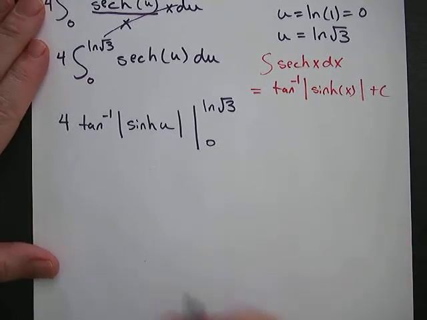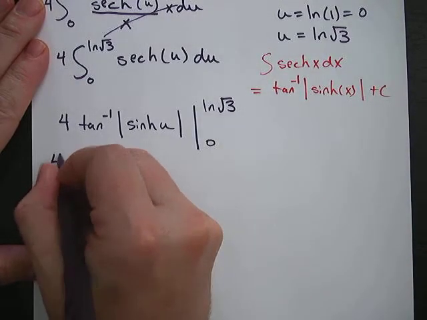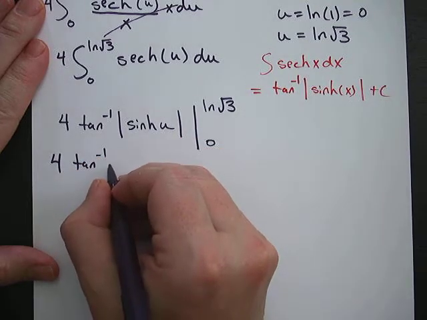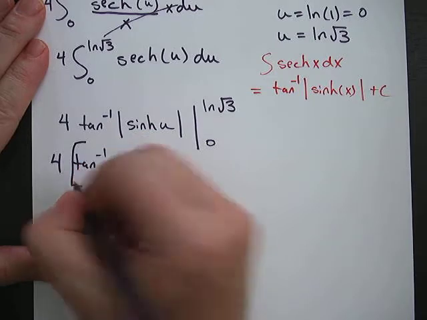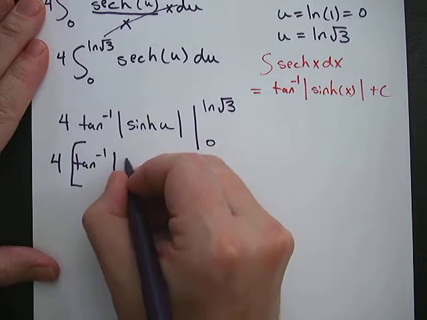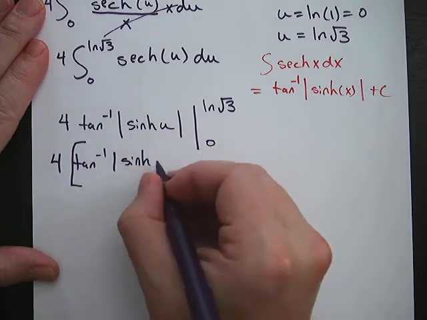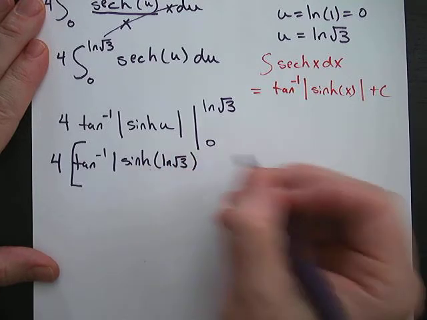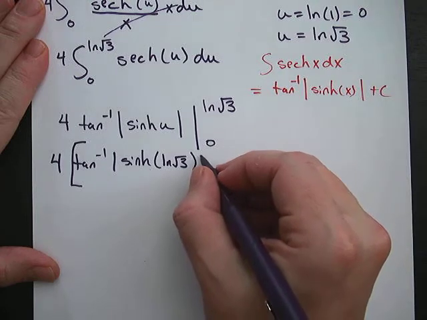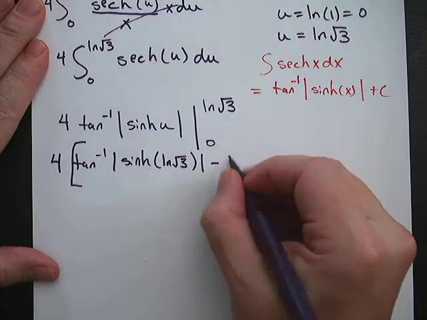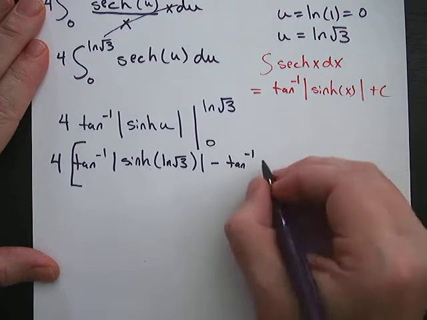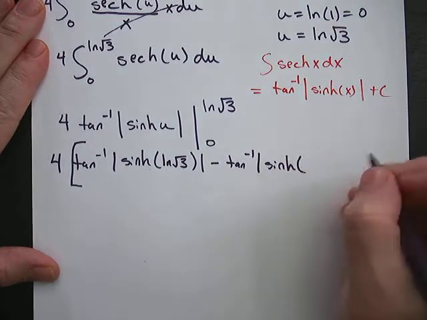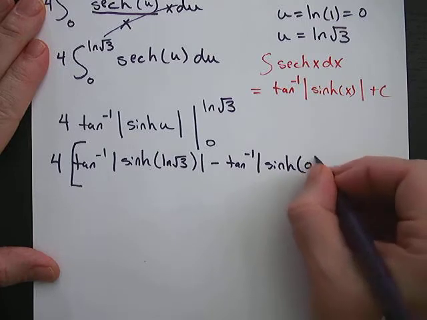Okay, so let's plug those in. Keep the 4 out front. We have 4 inverse tangent, absolute value, and let's put a parentheses around that 4. Absolute value of sine h of ln square root of 3 minus inverse tangent of sine, hyperbolic sine of 0.